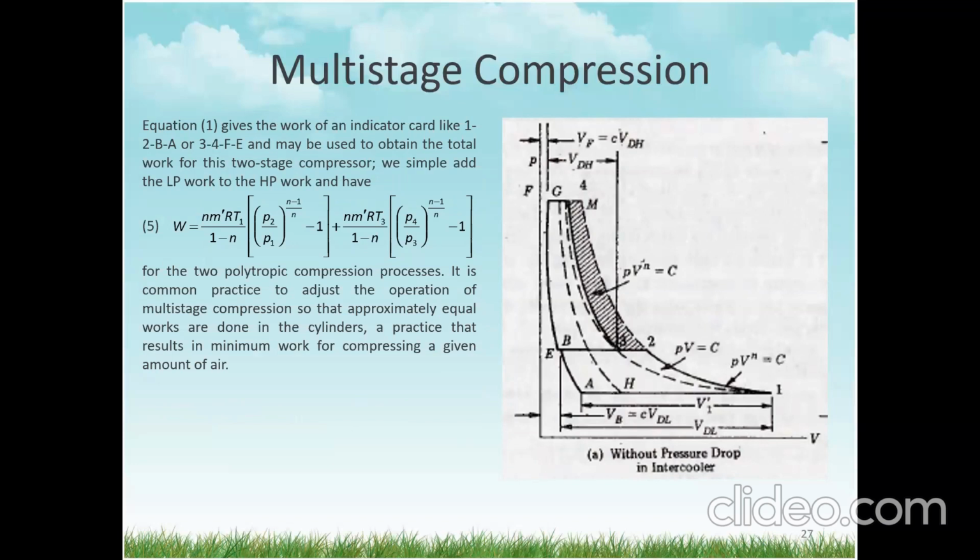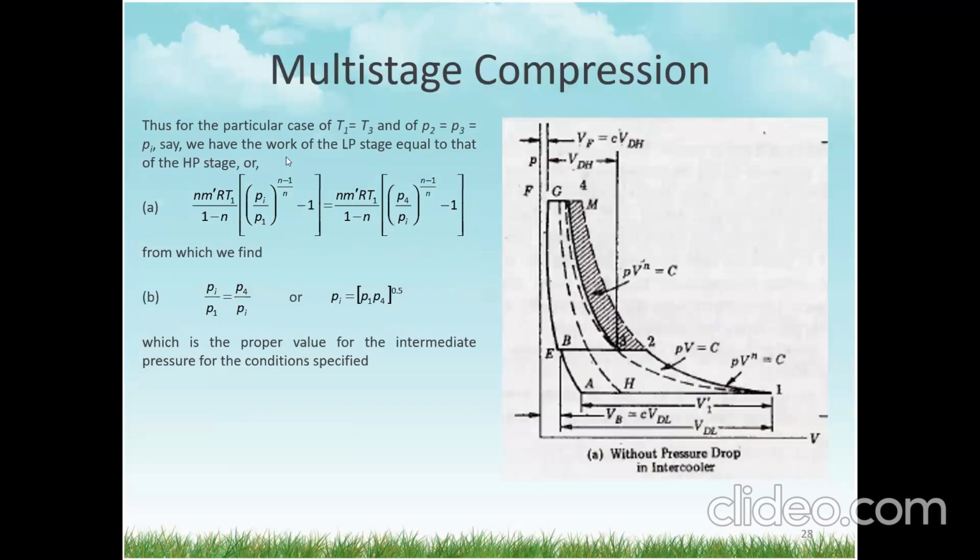So we simply add the LP work to the HP work and have W equal to nM'R T sub 1 over 1 minus n times (P sub 2 over P sub 1) to the (n minus 1) over n, plus nM'R T sub 3 over 1 minus n times (P4 over P3) to the (n minus 1) over n, for two polytropic compression processes.